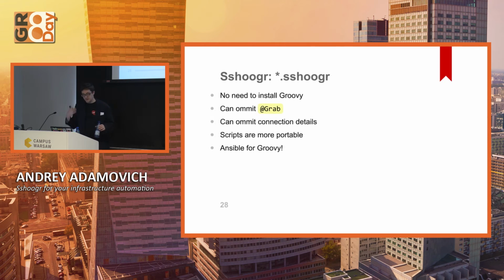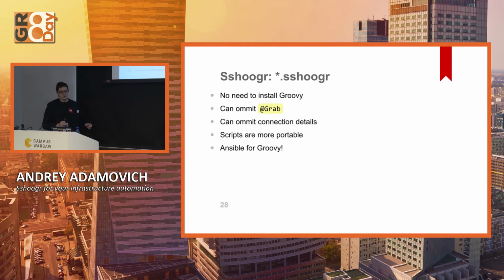The advantage here is that you don't need to install Groovy, which maybe is not the best benefit, because you have to have it on your machines anyway. But for a quick start, you can get only the Sshoogr executable with all the libs. Inside the Sshoogr scripts, you don't need to specify the Grab. You just start writing Sshoogr expressions and DSL.